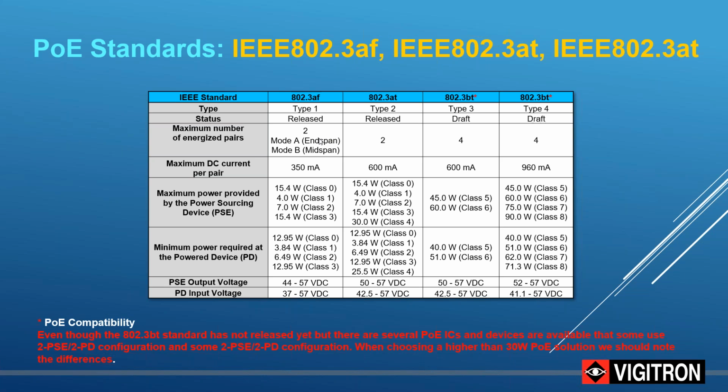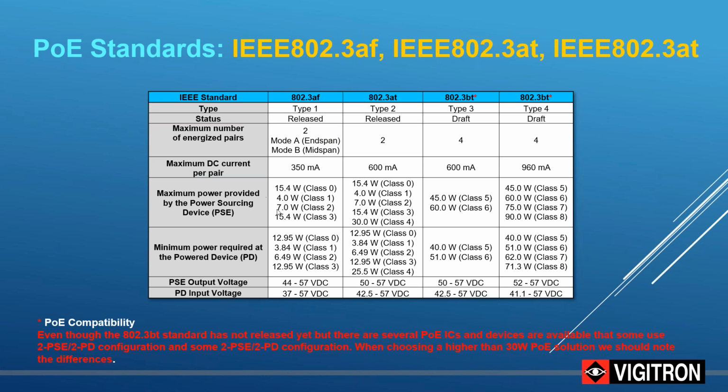Here's a chart of PoE and its various classes. And as you can see, there's a great deal of variation within these classes and the amount of power that it produces. But again, the source and the resulting power over 100 meters, 328 feet, is dictated by that use of Cat5 cabling.